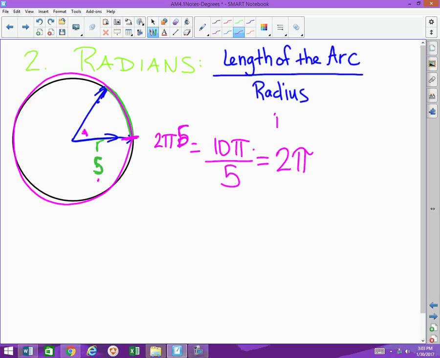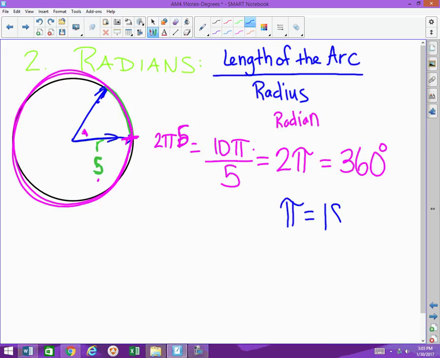And 2 pi is the radian measure, which is the same as 360 degrees. So all the way around the circle is 2 pi, or 360 degrees. Meaning, if you cut that in half, pi is equal to 180 degrees.